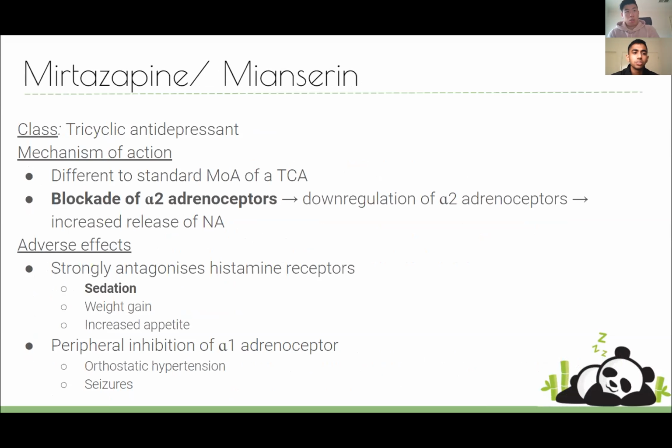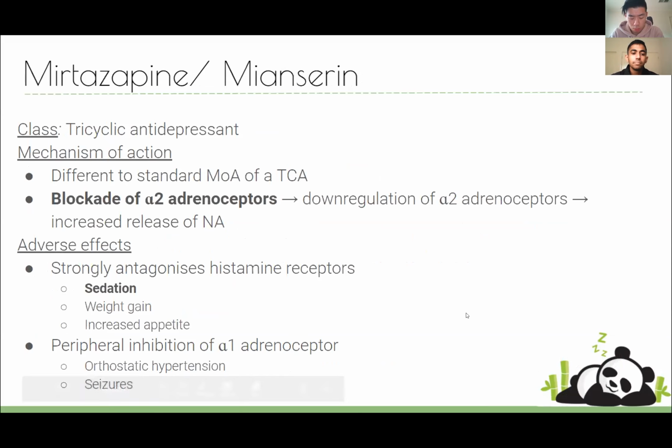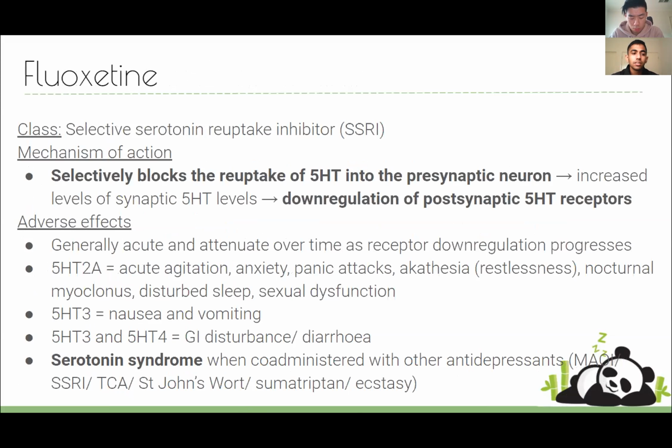Next, mirtazapine. Even though it does have the same chemical structure as the tricyclic antidepressants, it works more so on blocking our alpha-2 adrenoreceptors. Side effects include blocking our histamine receptors as well as our alpha-1 receptors, so you're going to get sedation and orthostatic hypotension. Then we've got fluoxetine, which is an SSRI, a selective serotonin reuptake inhibitor.